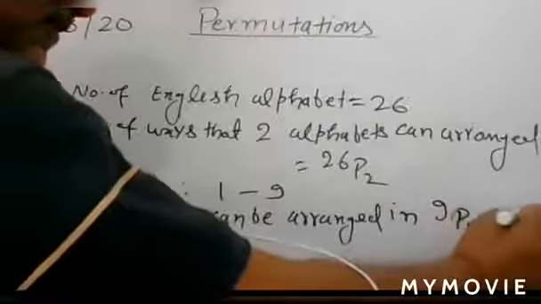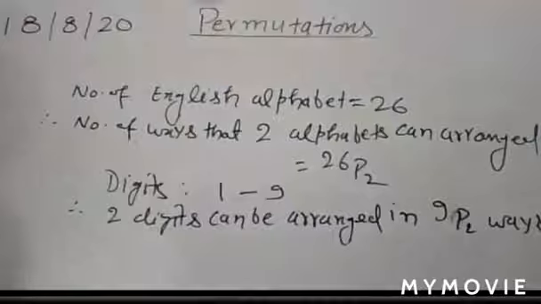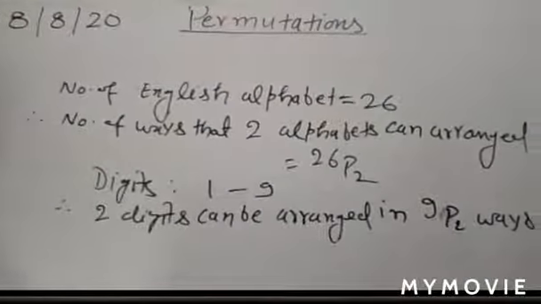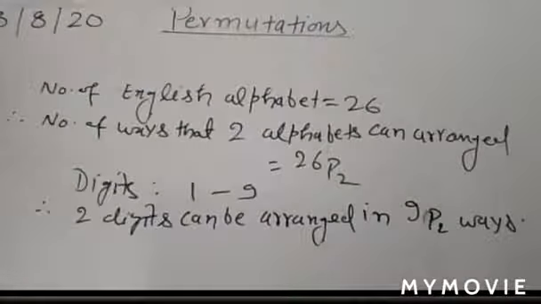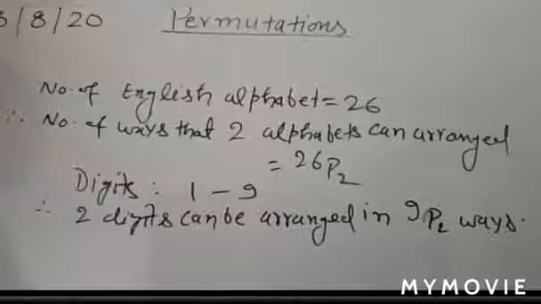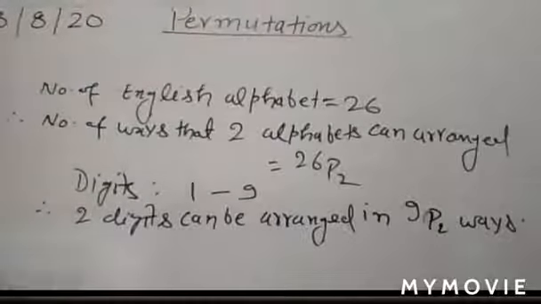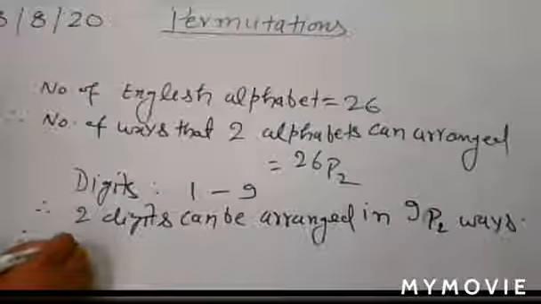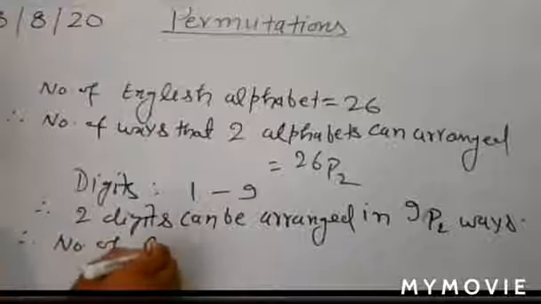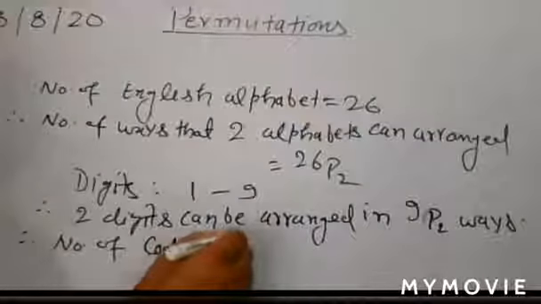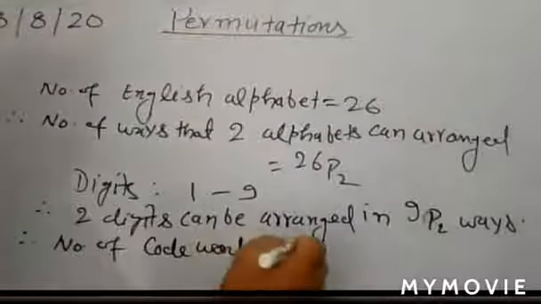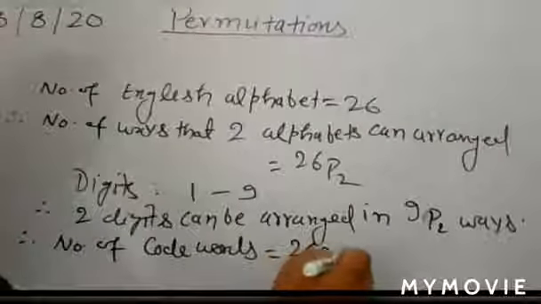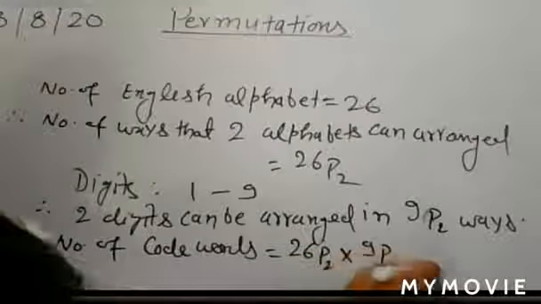So you can very easily find the number of code words from there. Hence, the number of code words is equal to 26P2 into 9P2.